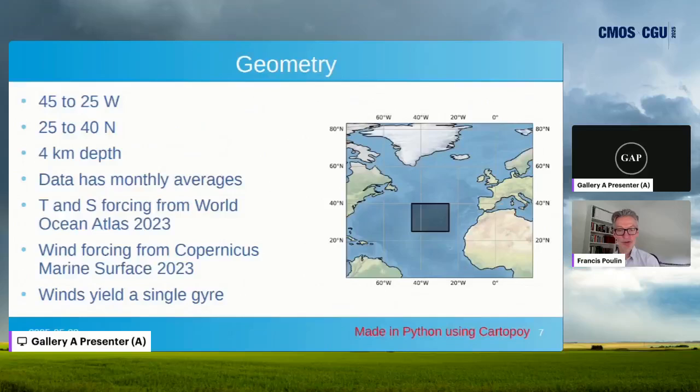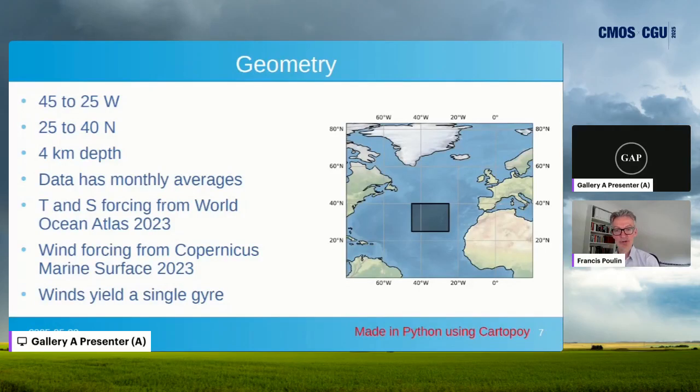Next. This shows you the geometry of the particular region of the North Atlantic that we're interested in. I specify the particular range, and the depth goes down to 4 meters. The data we're taking are monthly averages, which we're using to force our model in the 3-dimensional context. The temperature and salinity are taken from World Ocean Atlas 2023.